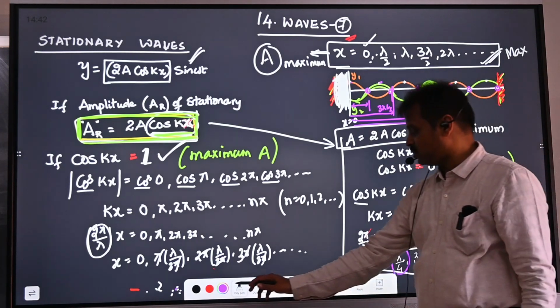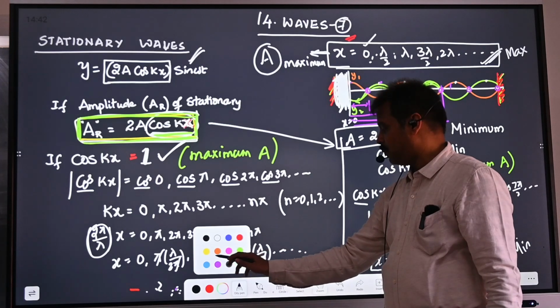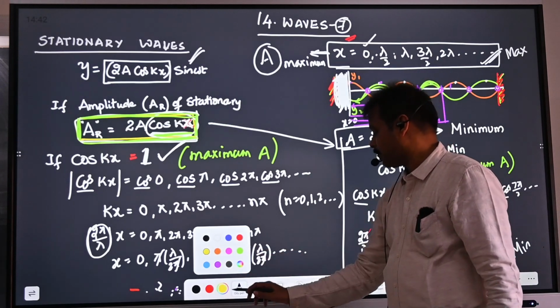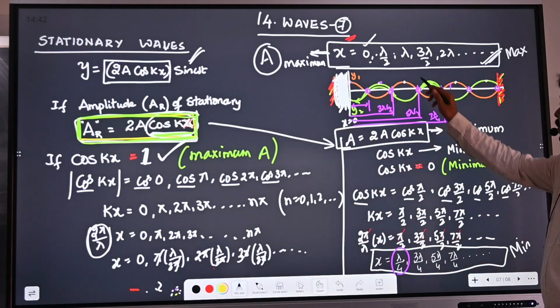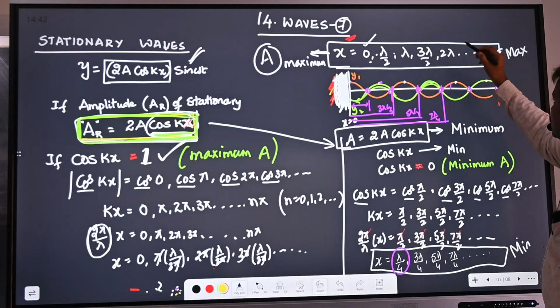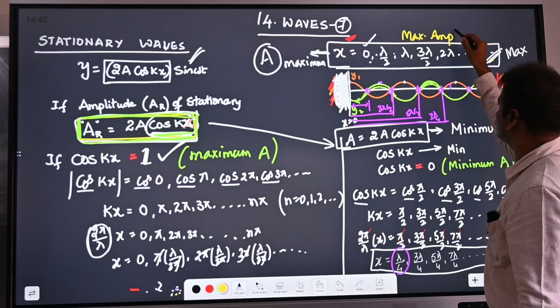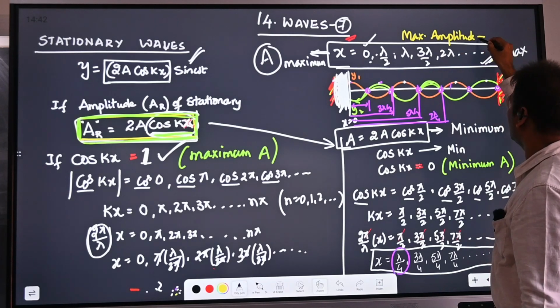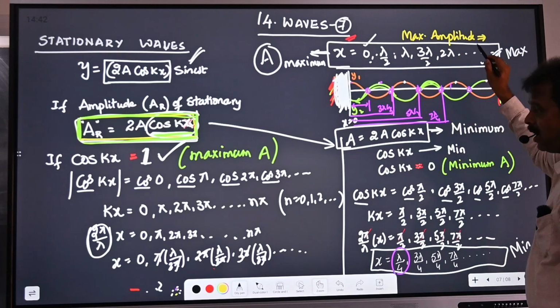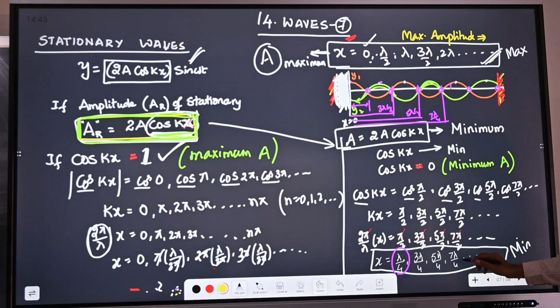The points having maximum amplitude are given one name, and the points having minimum amplitudes are given one more name.